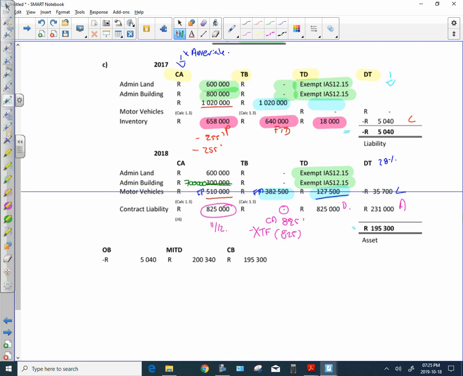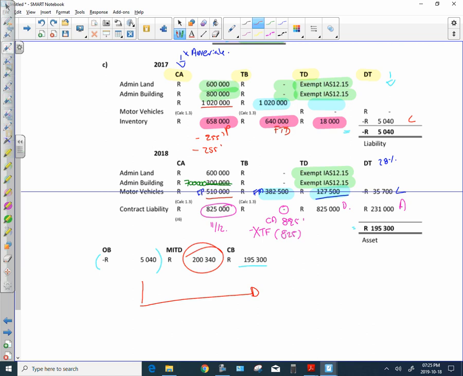Right, so my opening balance amounted to a liability of 5,040. My closing balance was an asset of 195,300. There was no change in tax rate, so to get from a liability, remember we had to move out of the liability position to a 0 and then create that asset of 195. So the movement is 200,340. Everybody happy with that?